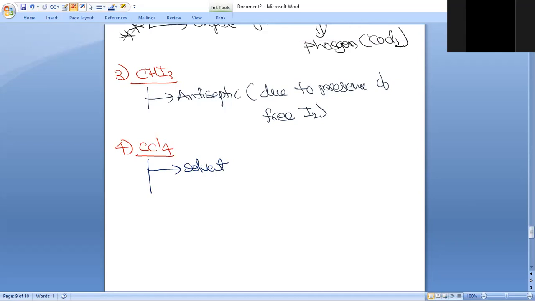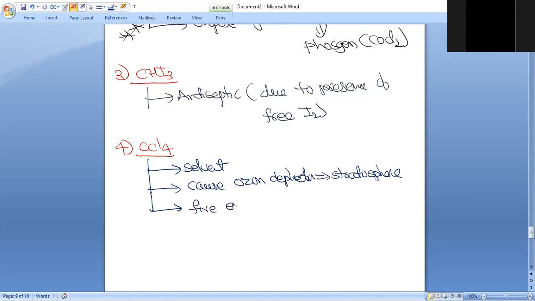It also causes ozone depletion when it goes to the stratosphere. And also it is used as a fire extinguisher, under the name pyrene. This is important.